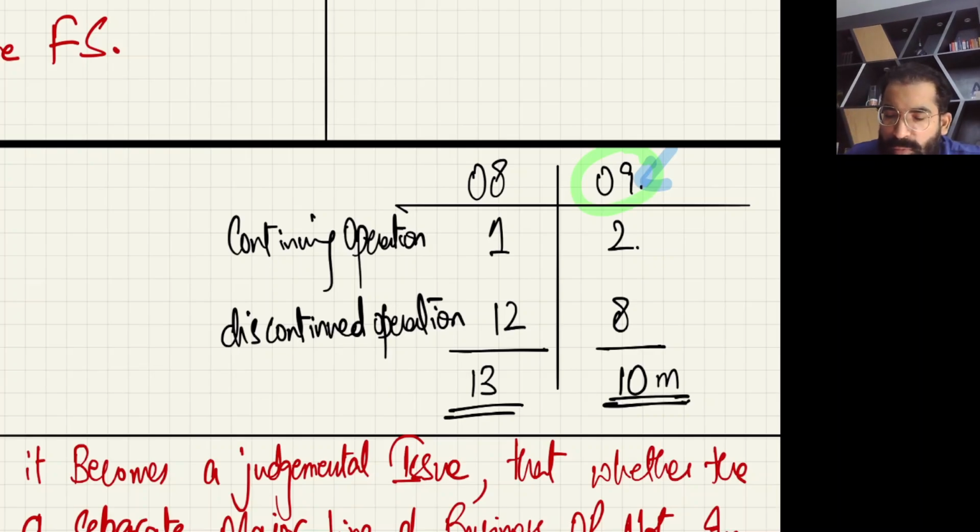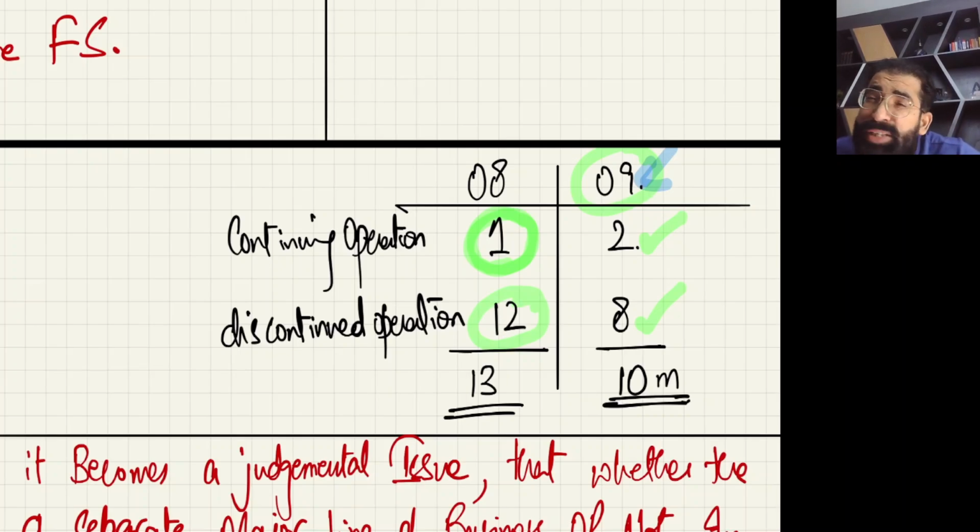The profit of shampoo is 2 million and the profit of the discontinued operation, which is oil, is 8 million. So this is the requirement of the standard, that you go back to last year and show the performance in the comparative. Obviously with the current year accounts, these comparatives will go to shareholders, but you need to show this breakup of last year as well: that last year from continuing operation you made 1 million and from this oil you made 12.